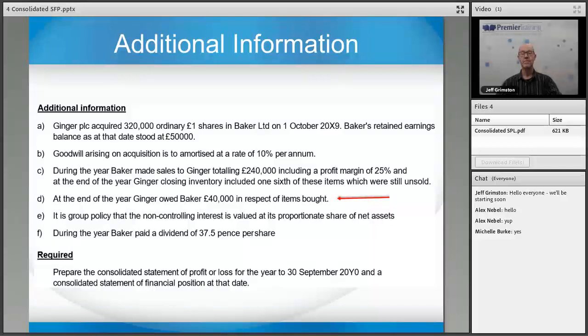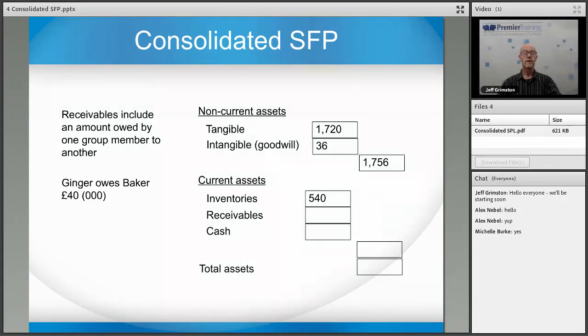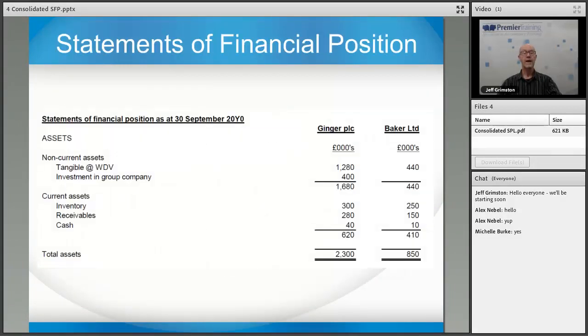It's easy, and you'll see this in our assignments, it's easy to get mixed up with thousands if you don't read it carefully. So, 40,000 owed. Let's look at what the receivables are in total. Ginger's stand at 280, Baker's at 150.